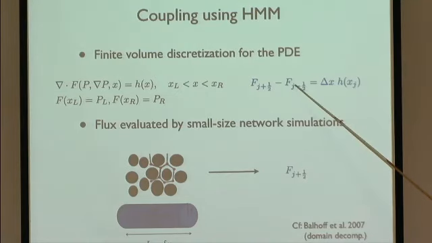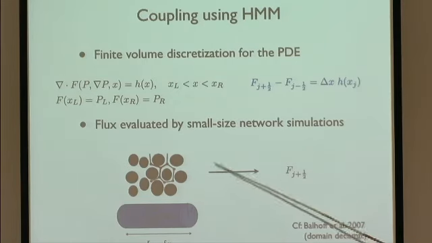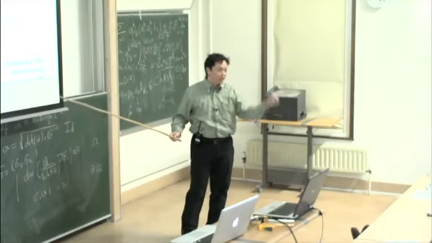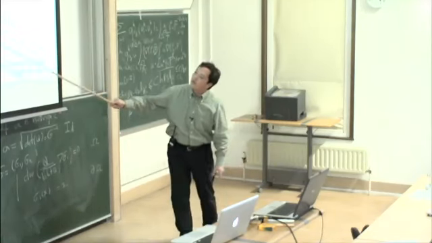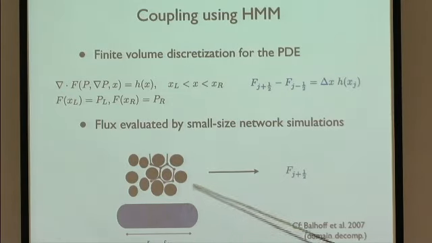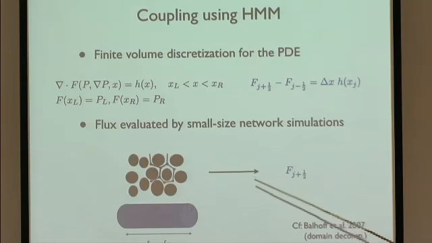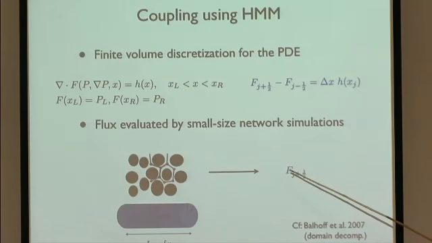The value of f at the point x_{j+1/2} or x_{j-1/2} is going to be evaluated by some sample of the network, the originally given large network. You perform some kind of simulation with suitable boundary condition, and then measure the flux that goes through this network subdomain in order to evaluate this thing, and then you go up like that.